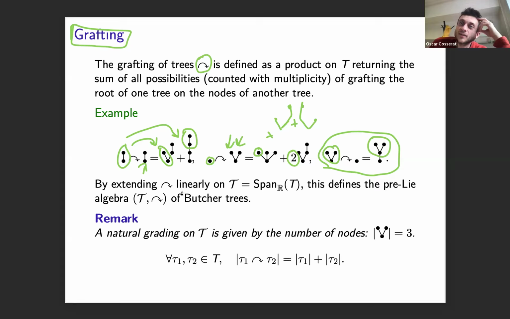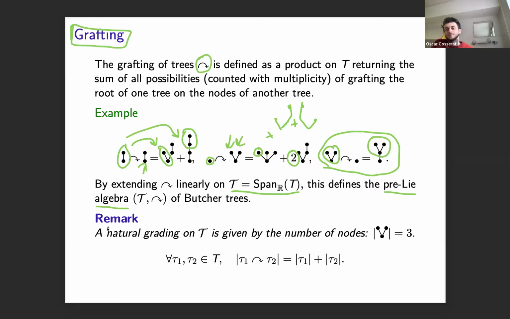By extending the grafting product linearly on the free vector space generated by non-planar rooted trees, this defines the pre-Lie algebra of Butcher trees. Now I realize I won't define this word pre-Lie algebra. It's not so important anyway.